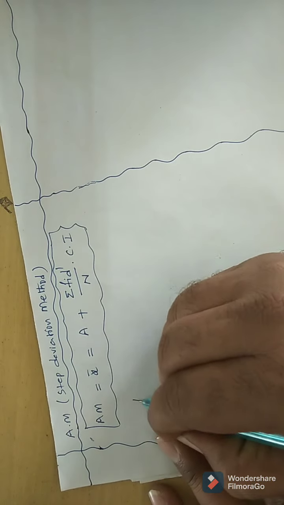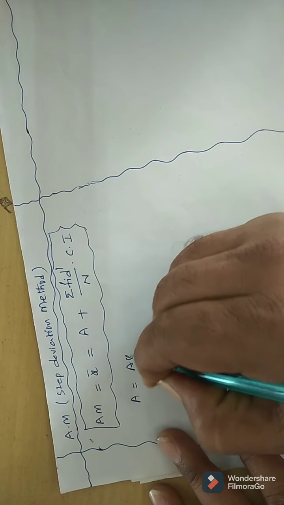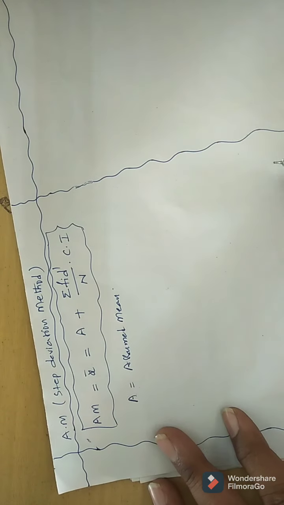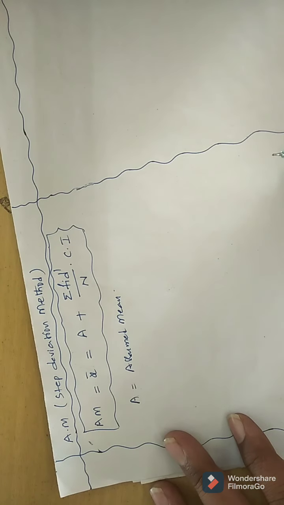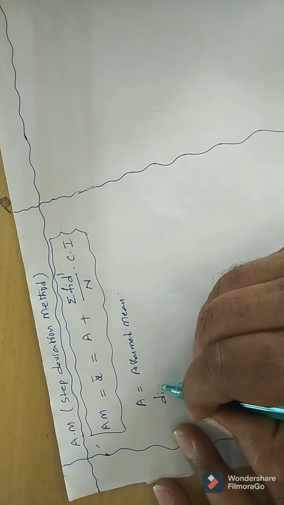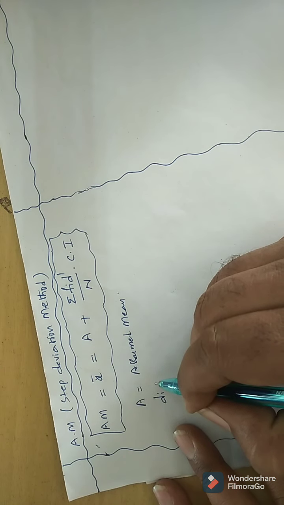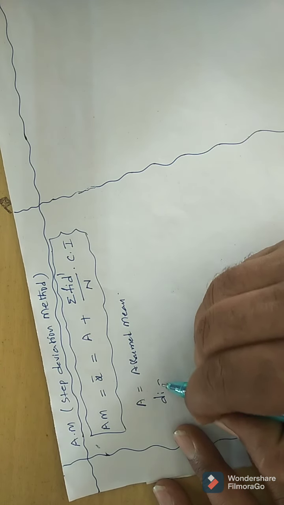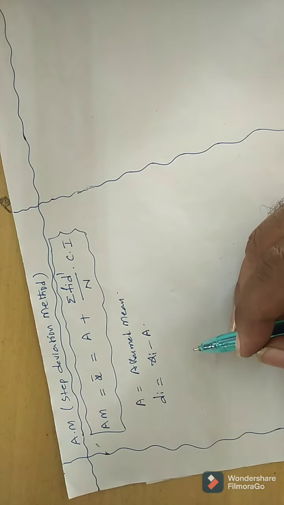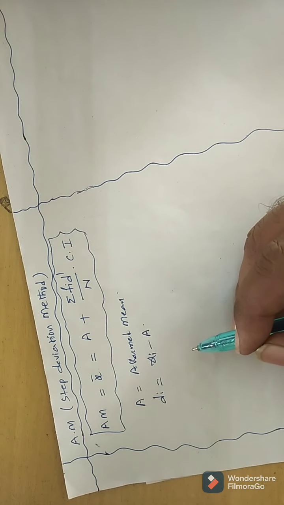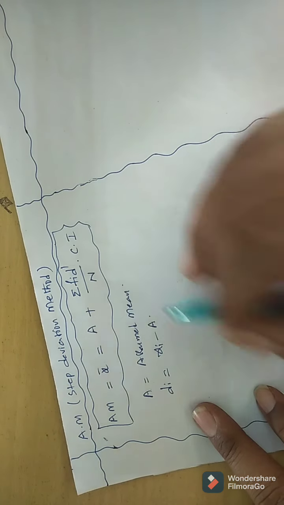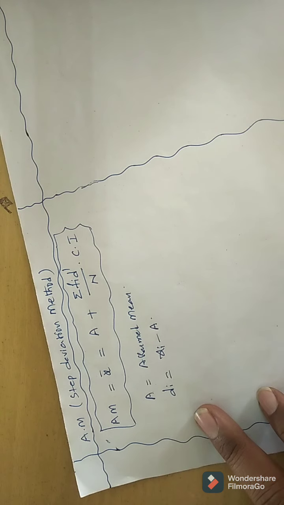What is A? A is nothing but the assumed mean. Now what is D, or else simply Di? It is Xi minus A. Now what about D dash?